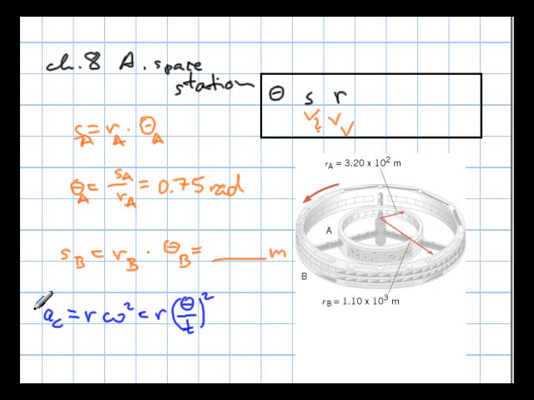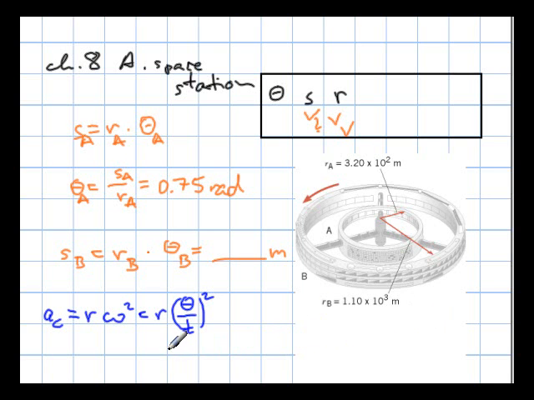The centripetal force is mass times that acceleration. In this case I don't need the tangential velocity, I just use the angular velocity, except we don't have t. They give us r, they give us theta, but we don't have time t, so I'm just going to make something up, and I make up t equals 8 seconds.